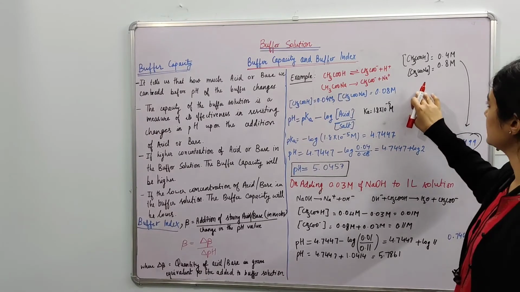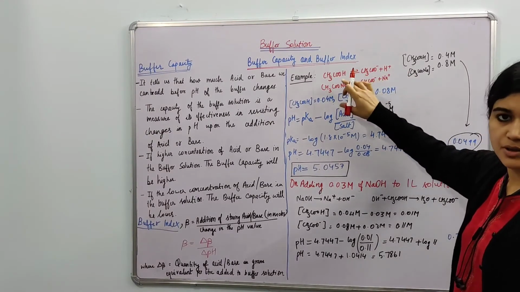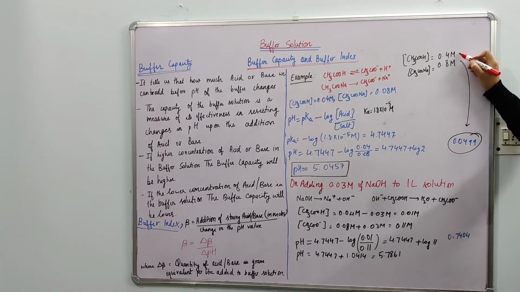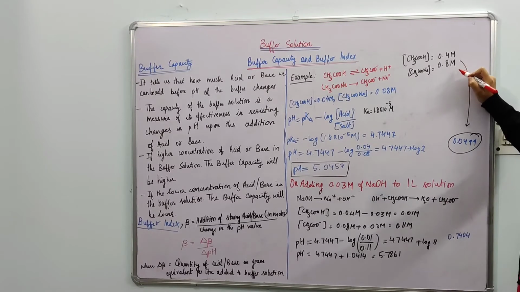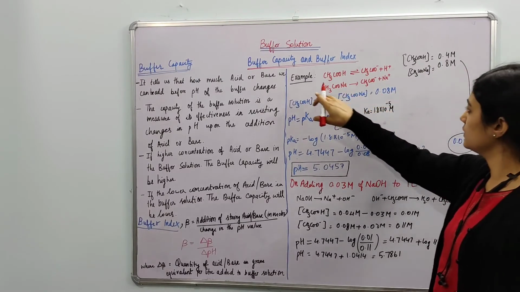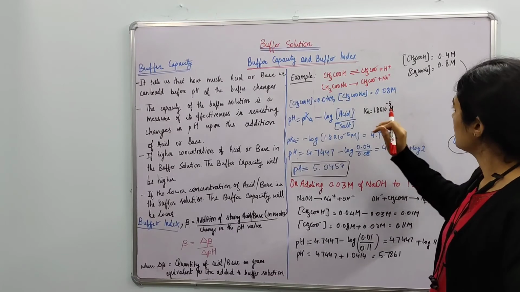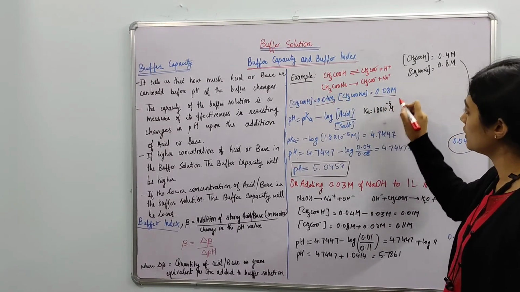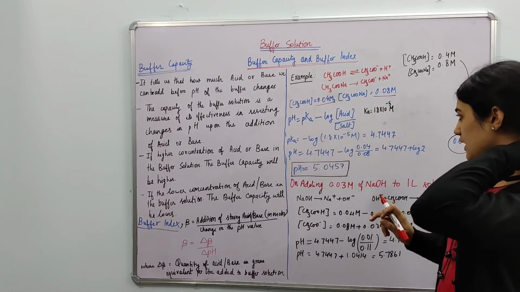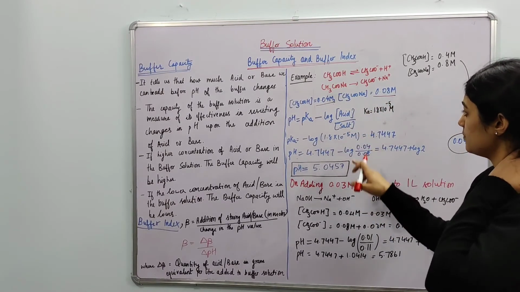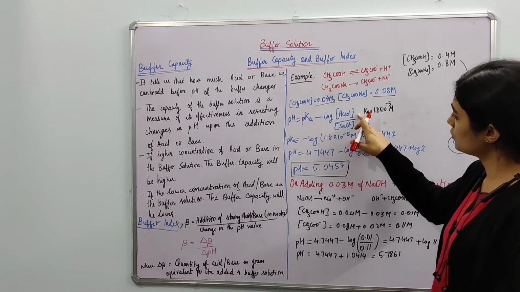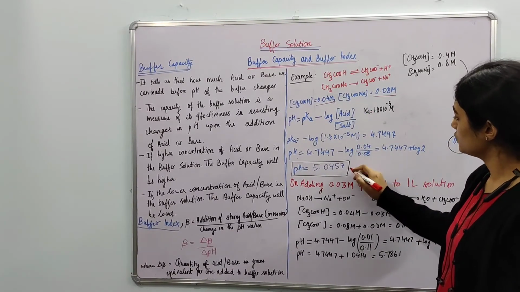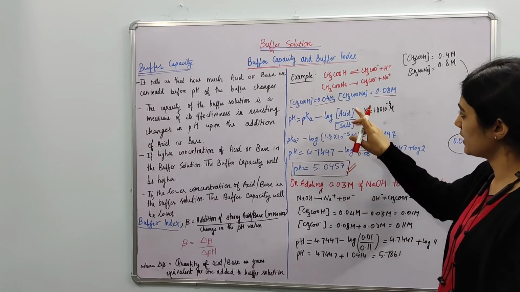Here we have taken the same buffer of acetic acid and sodium acetate with acid at 0.4 molar and salt at 0.8 molar. But if in this case we change the concentration to 0.04 molar for acid and 0.08 molar for salt, and calculate the pH, we get the same pH because the ratio of acid and salt concentration is the same.